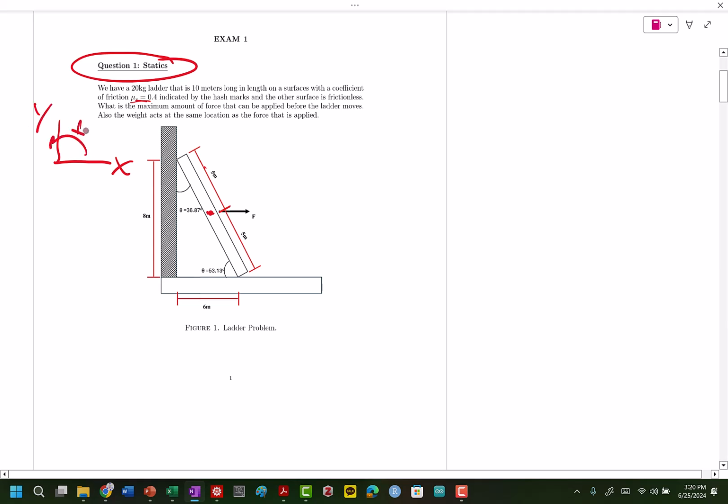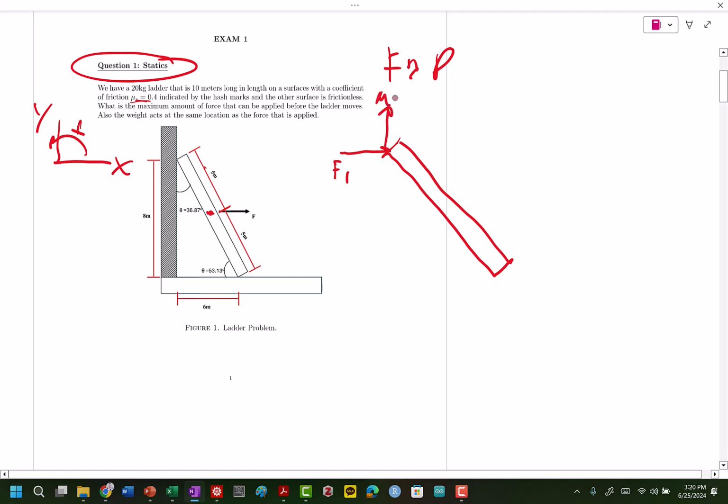Coordinate system. Now, I'm going to take this body and free it from the surroundings, my FBD, and we are going to say that there is some reaction force. I'm going to call this F1. There's also going to be some frictional force. When I pull the ladder here, it's going to want to go down, so friction opposes the direction of motion.